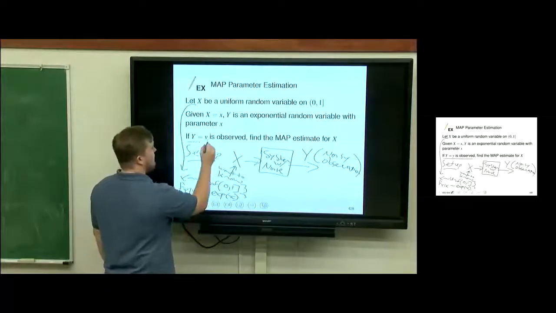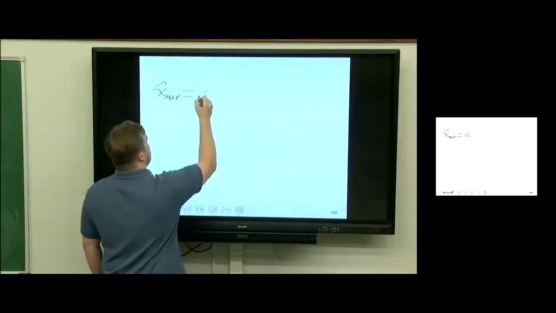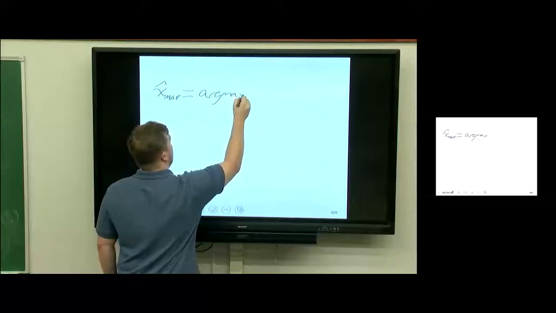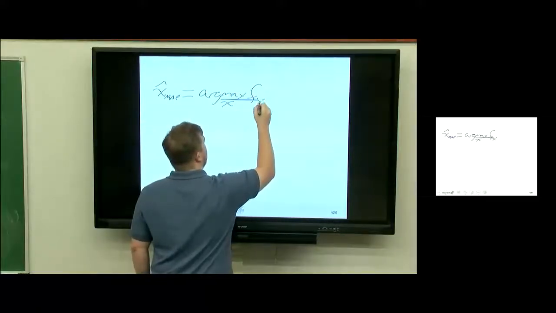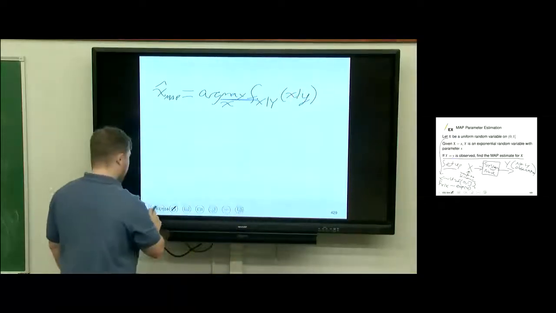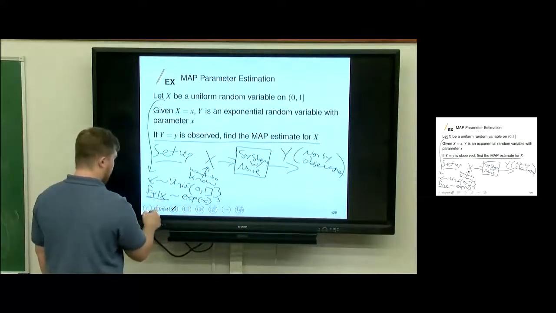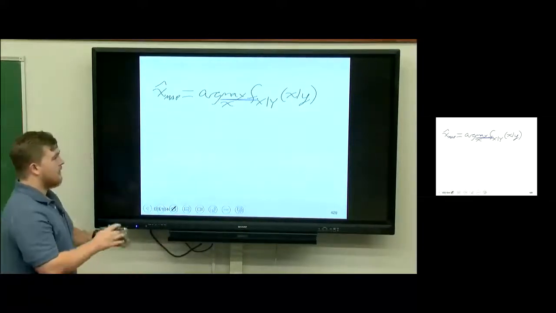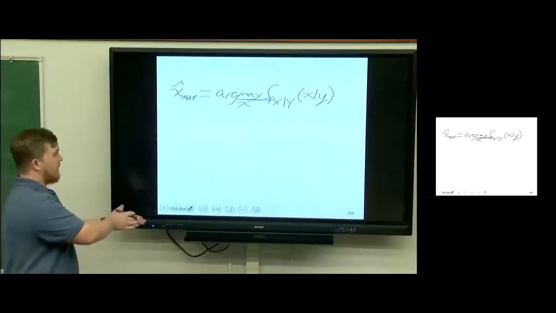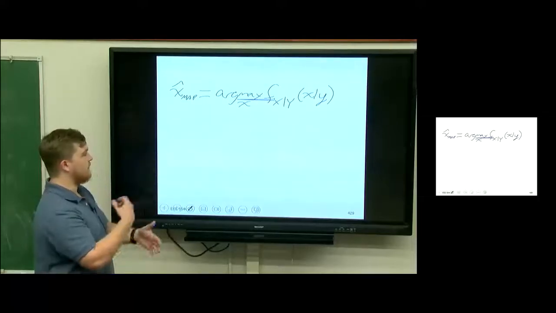So this, find the MAP estimate for x, is asking us to find the MAP estimate, which equals the argmax over f sub x given y. But we don't have this from the problem. We have our likelihood, f sub y given x. So given we know the input, we have a conditional density of the output, y given x, but we don't have the reverse.